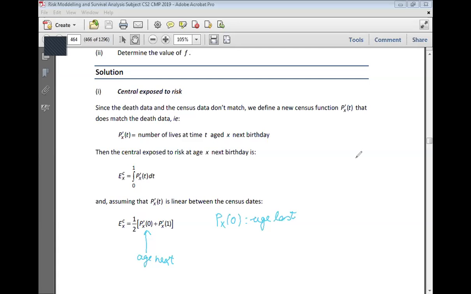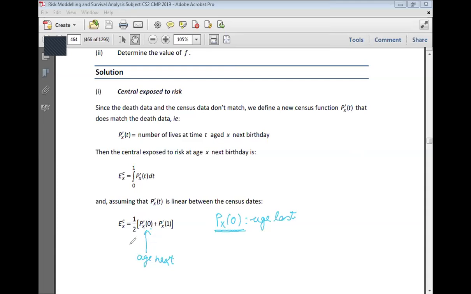So basically all I need to know is whether there is a way for me to write this particular term in terms of this term, which I have some information about. So here I have P dash X0. So this is for a person aged at X using the age next definition, right?